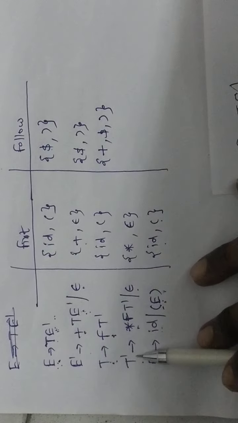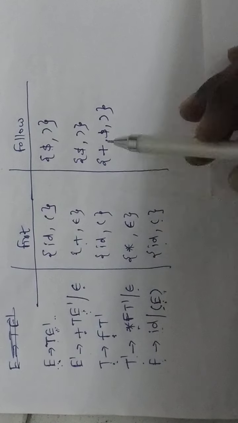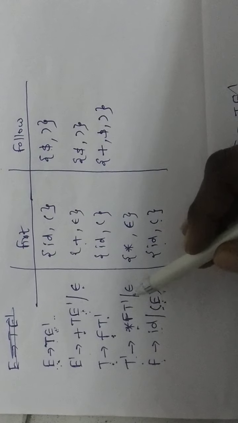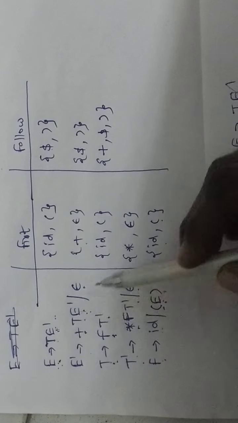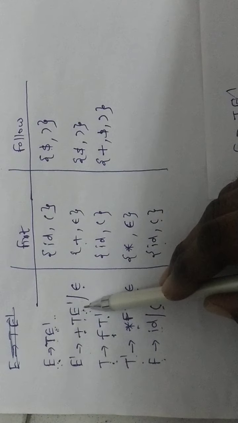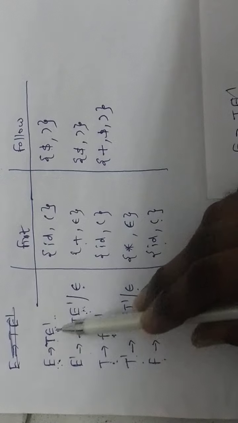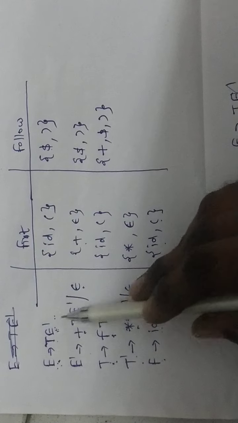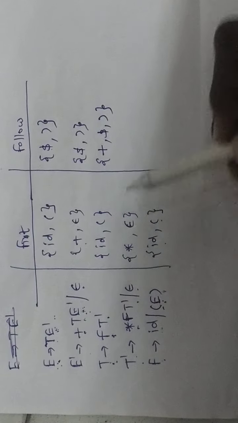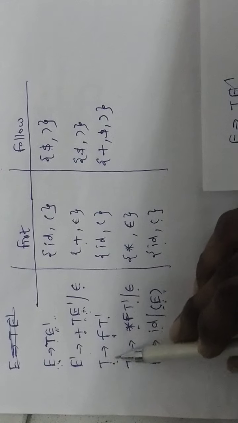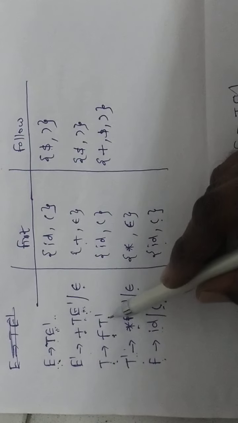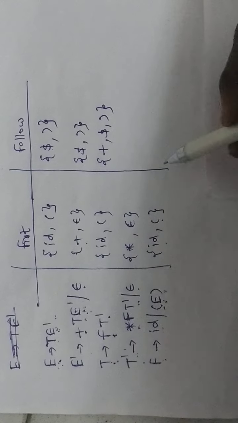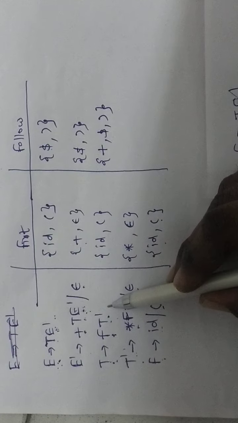Now when it comes to T dash, T dash is present here and here. Here also T is present, and the follow of T is E dash only. Both are the same case, so no need to calculate in the second case. When it comes to T dash, here if you see, after T dash nothing is following.